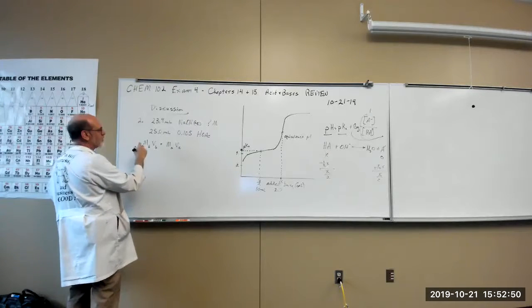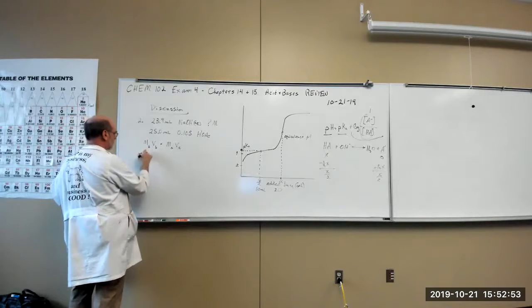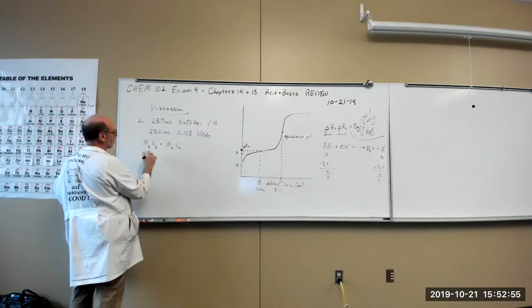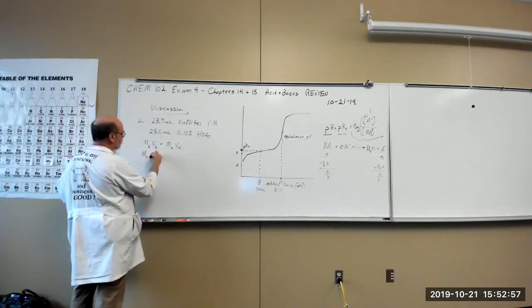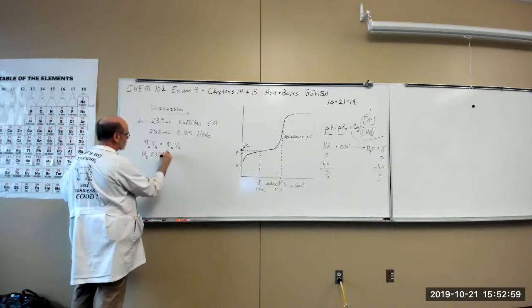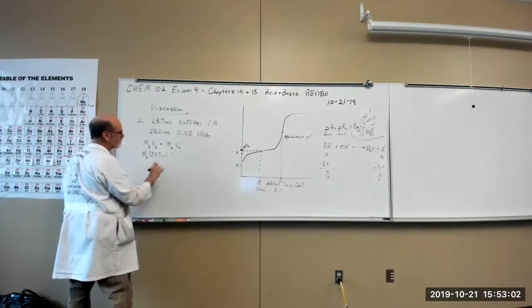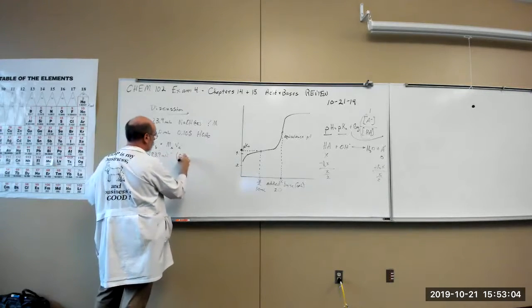So the molarity of the base is our unknown. The volume is 23.9 milliliters. And that's equal to the molarity here, 0.105, and 25.